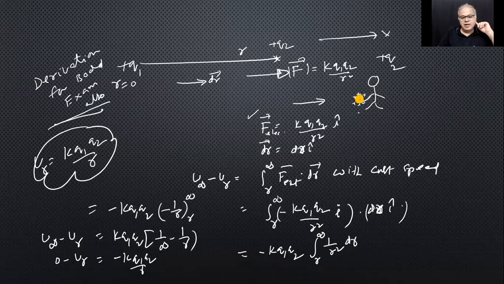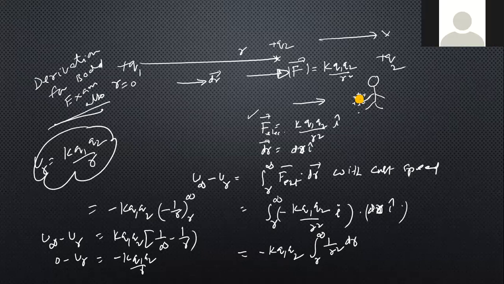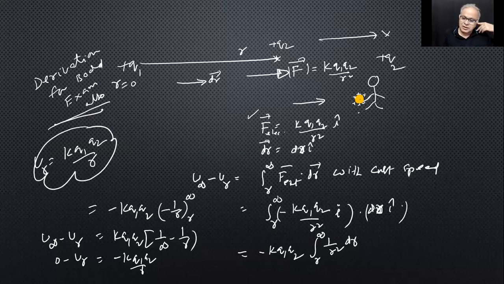And with similar ideas, we derived gravitational potential energy also, isn't it so? This is F electric. So F external will be in opposite direction.